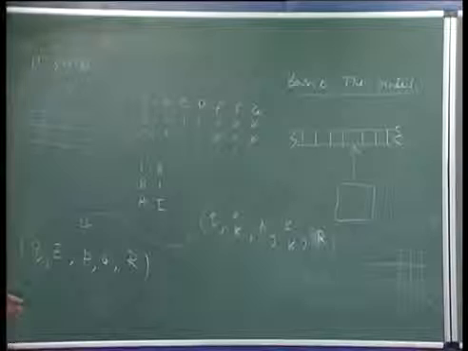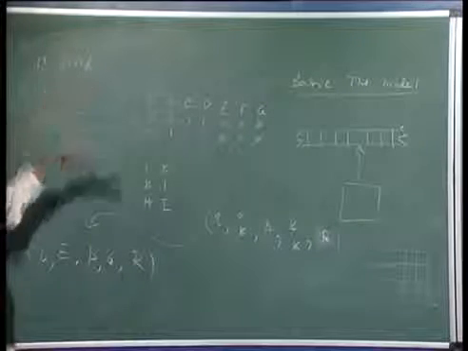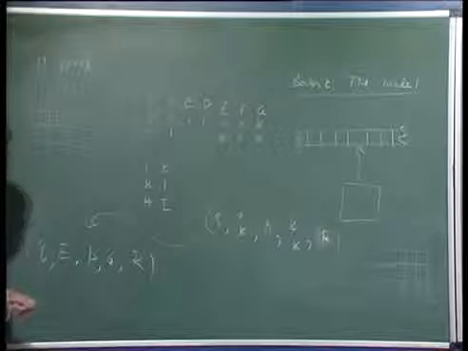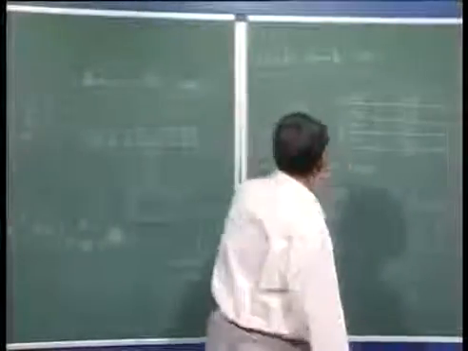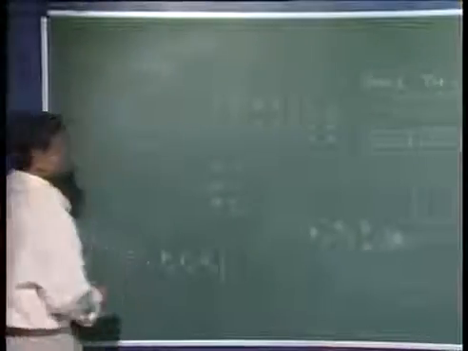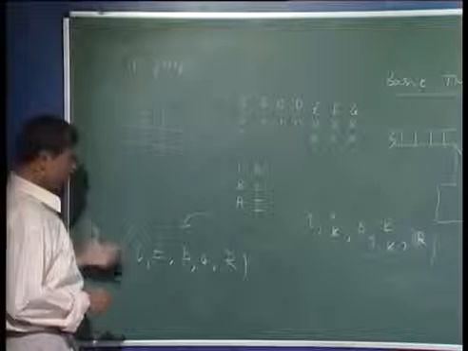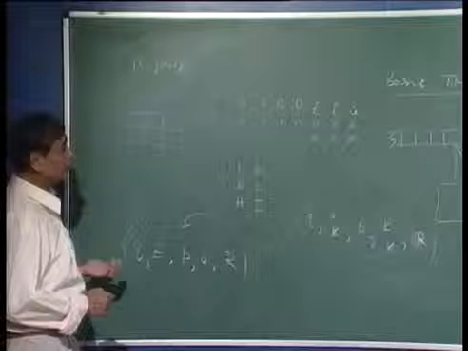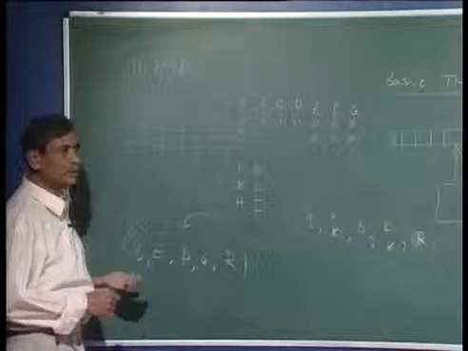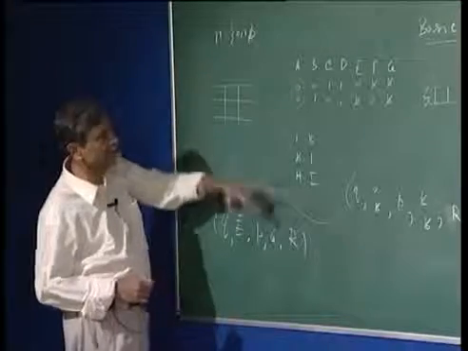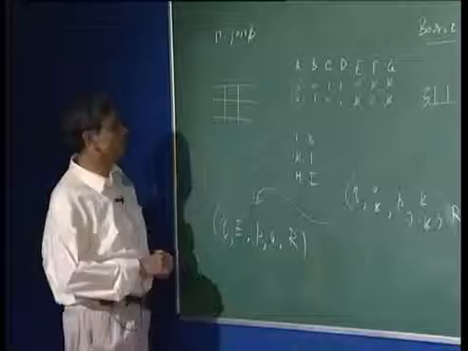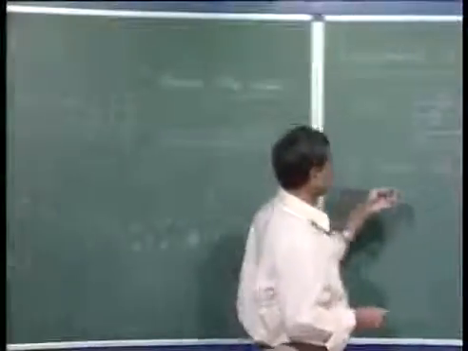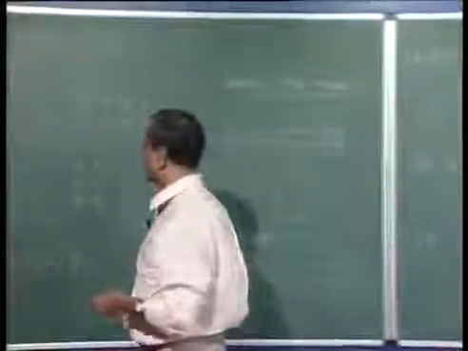So G will act as the special symbol which will be there in most places, and initially the input is written on one track while the other tracks are blank, which I can take care of this way. So a single step of a multi-track Turing machine like this can be taken care of by a basic Turing machine by extending the alphabet set. Originally you had 0, 1, blank, and here we have A, B, C, D, E, F, G, also H and I. So the original alphabet for the multi-track machine had 3 symbols, and here you have many other symbols, and that takes care of this.